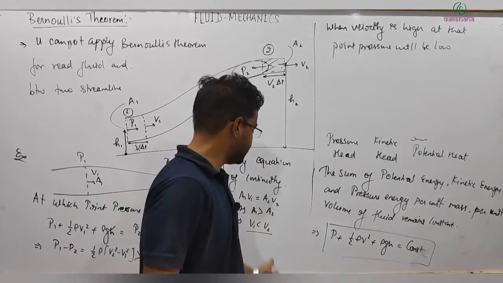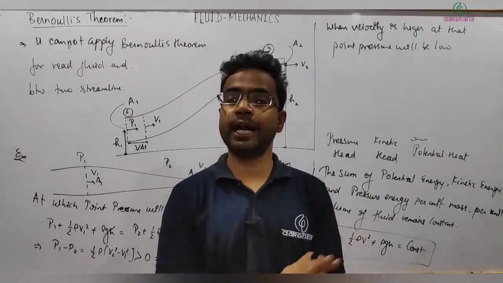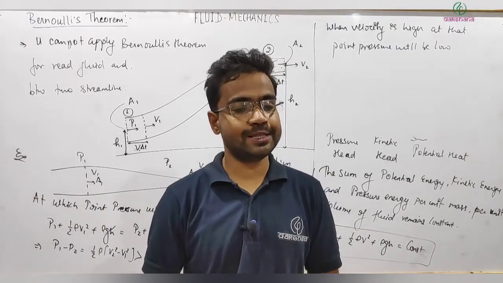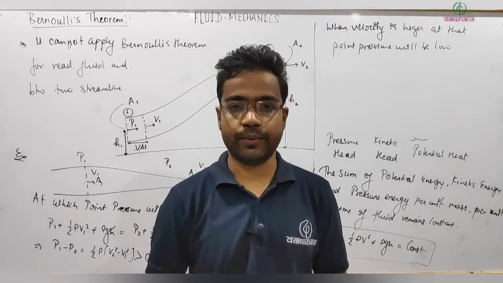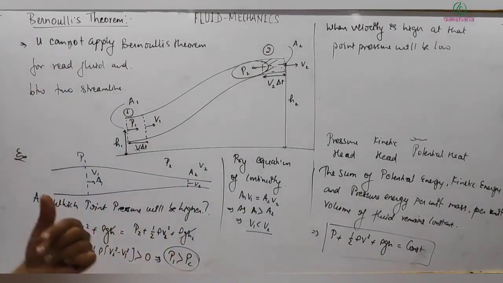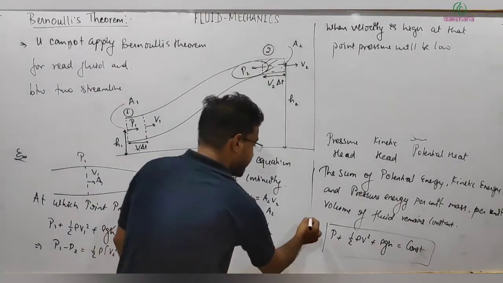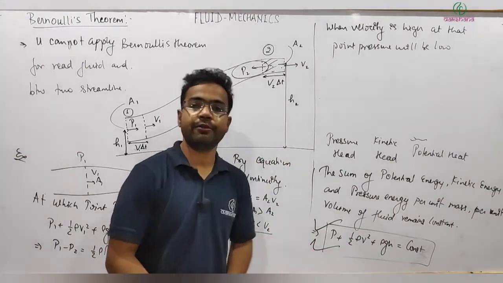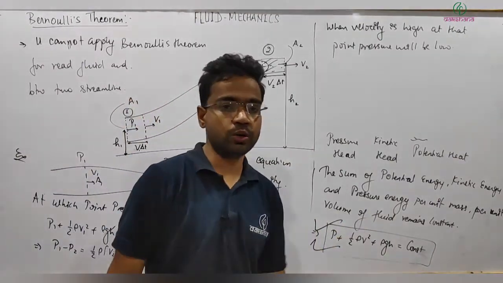With the help of this Bernoulli's principle, we can understand a lot of things. We can see a lot of applications of Bernoulli's principle. Let me tell you one by one. Just remember this equation. It's very important, don't forget it, just mug it up. P plus half rho V square plus rho G H is equal to constant.